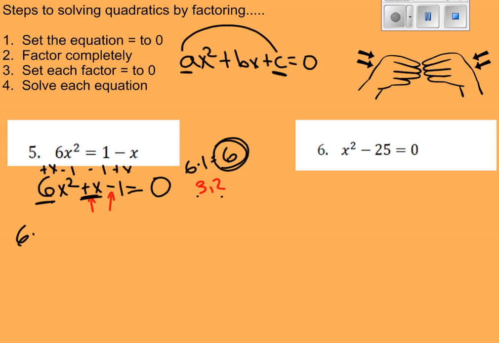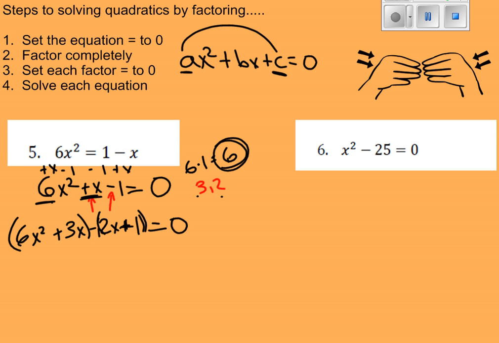So what that'll look like is 6x squared plus 3x minus 2x minus 1. But Mr. Heeren, all you did was create more to the problem. I don't get it. Well, here's why I did that. I did that to do this. Now I'm going to group these things. Notice when I put parentheses around the second two, if this is minus, I change this sign.